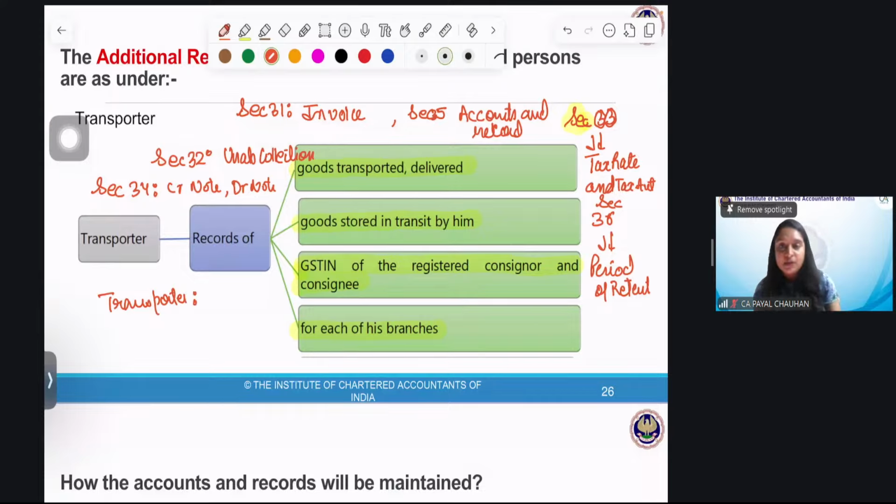I'm a transporter. Please understand and tell me yes or no. I'm a transporter, and the department is asking me to maintain the records item wise, client wise, owner wise. True or false? Yes, I'm a transporter.